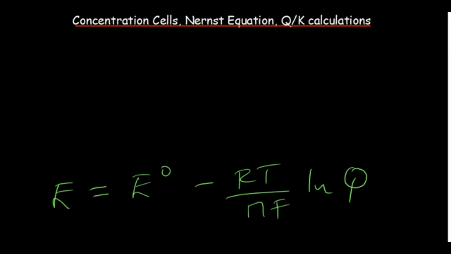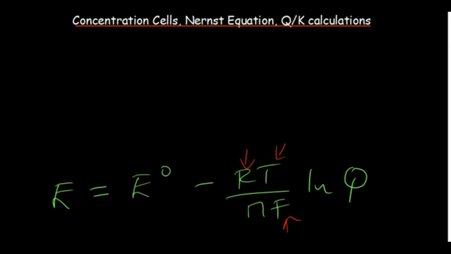Okay. Now, we've said R is a constant, and Faraday's constant is a constant. Temperature may vary, but let's say we have a constant temperature of 298 kelvins, or 25 degrees Celsius.